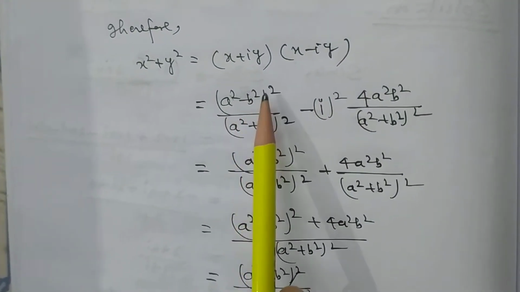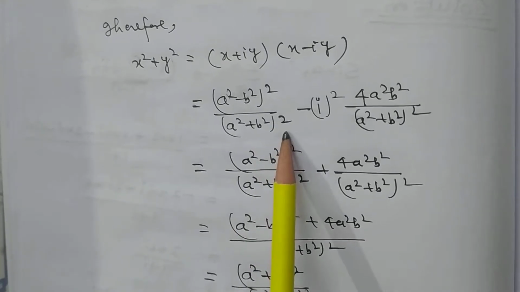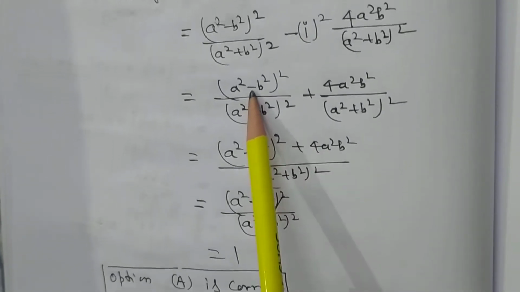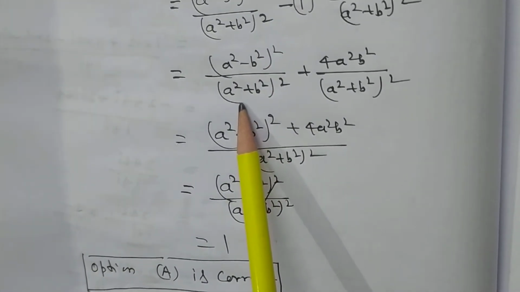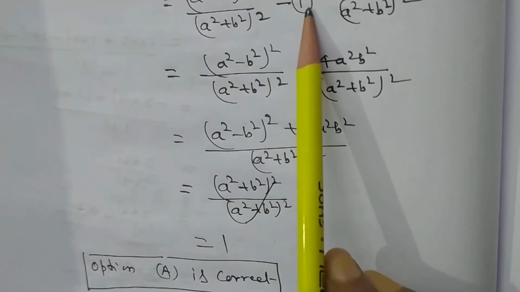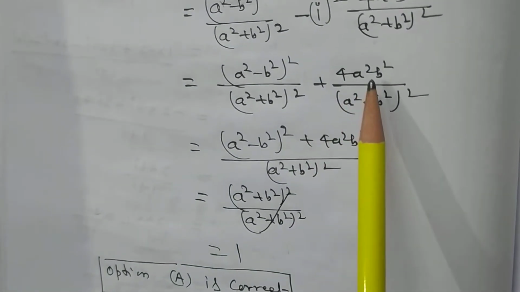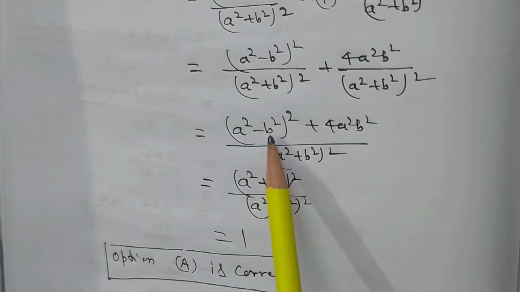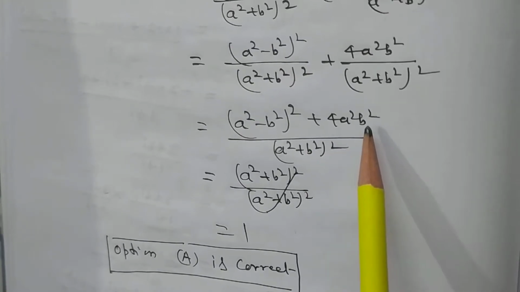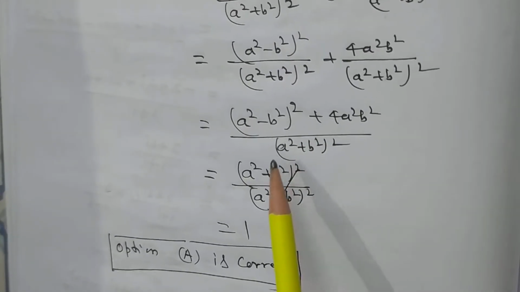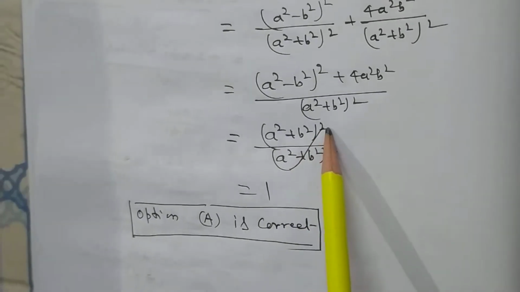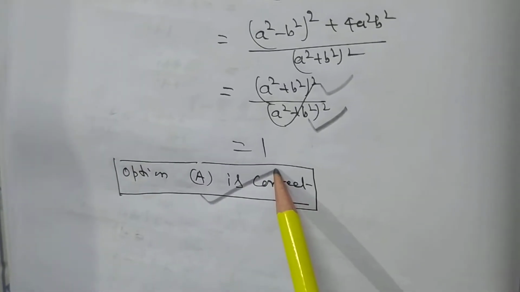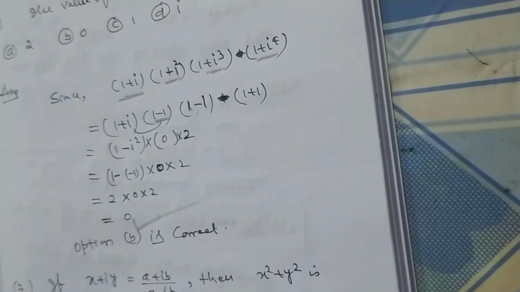It will be a squared minus b squared whole squared over a squared plus b squared whole squared, minus i squared times 4a squared b squared over a squared plus b squared whole squared. Since i squared is equal to minus 1, minus minus is plus. So it will be a squared minus b squared whole squared plus 4a squared b squared over a squared plus b squared whole squared, which is a squared plus b squared whole squared divided by a squared plus b squared whole squared, which is 1. And hence, A is the correct option.